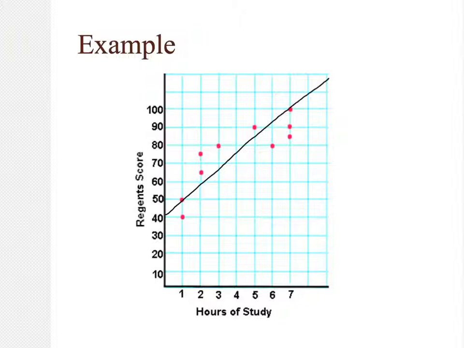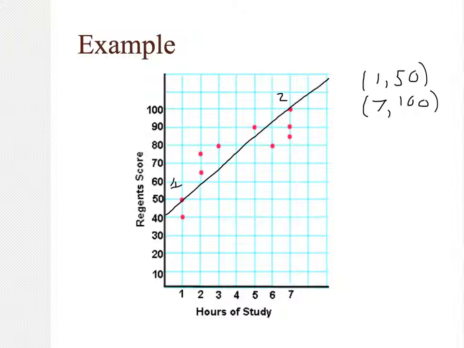So writing the coordinates for our points, looking at our first point, this point down here, our x-coordinate is 1, our y-coordinate is 50. Going up to our second point, our x-coordinate is 7, and our y-coordinate is 100.